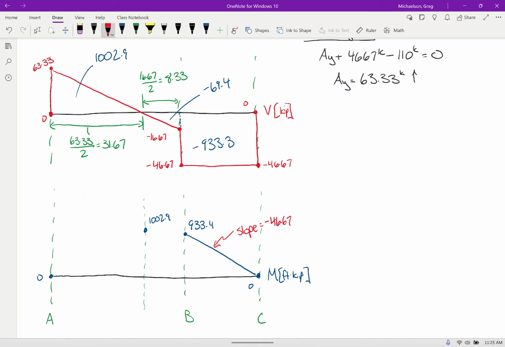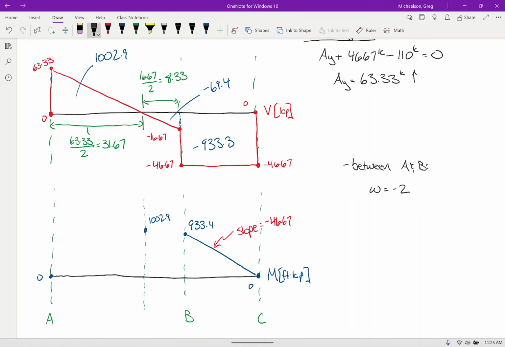Okay. Now, just to make the point for this linear region, how about this? Was that right? That the load was -2? That was the distributed load, right?